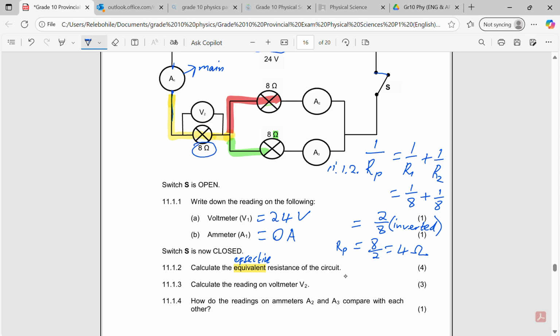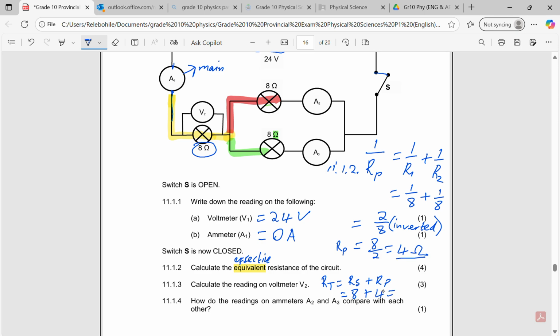So if I'm finding the total resistance, then I will say RT for total is equal to RS, which is the resistance in series, plus RP, which is the resistance in parallel. What is RS? RS is 8, this 8, the resistance in series. What is RP? RP is the resistance in parallel, which is 4.